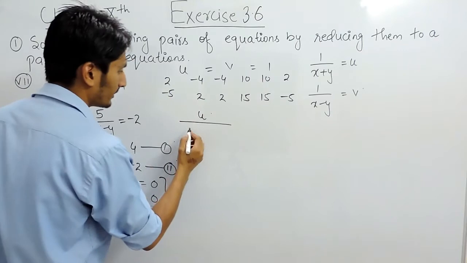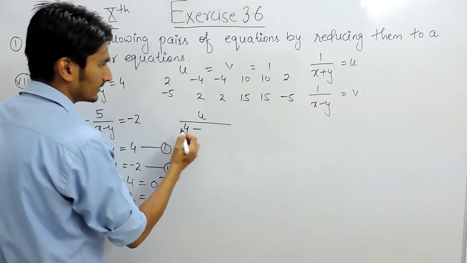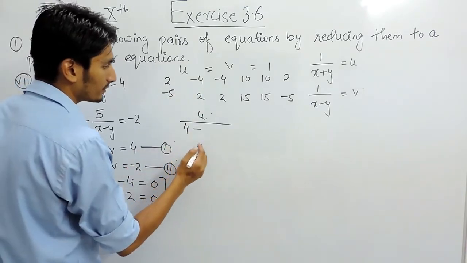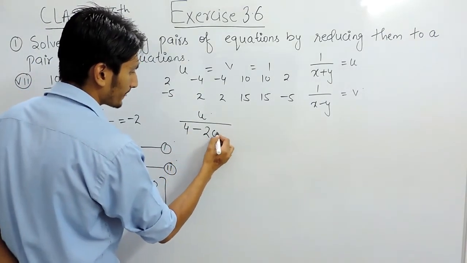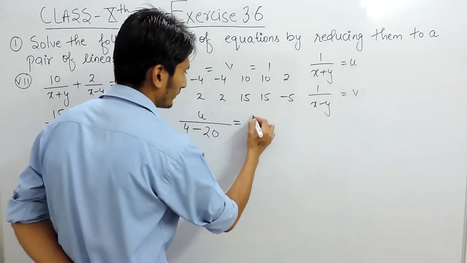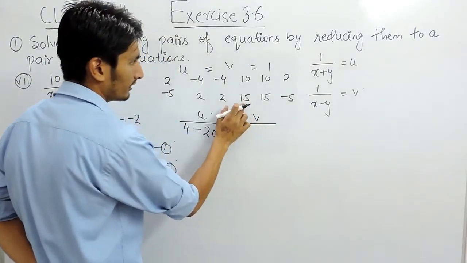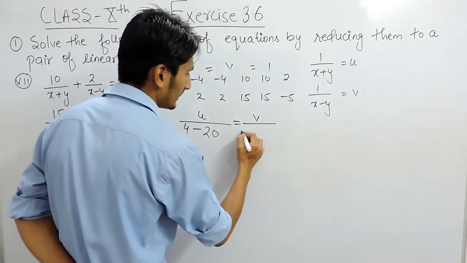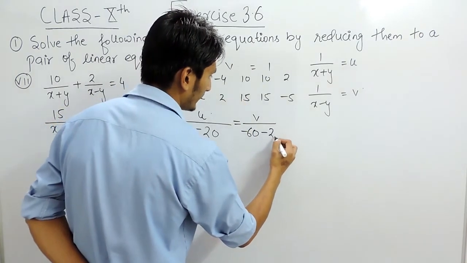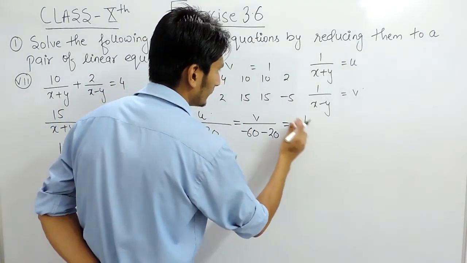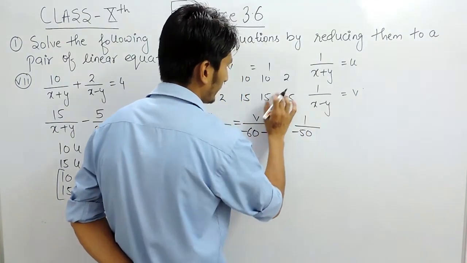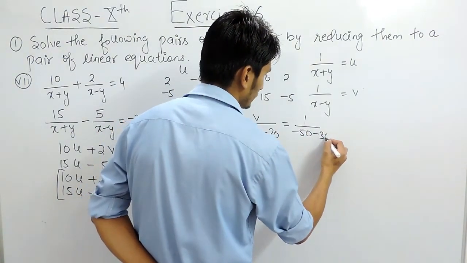So 2 multiplied by 2 is 4, minus, because the first term is subtracted from the second, 5 multiplied by 4 is 20, and minus multiplied by minus is plus. This should equal v. Then 15 into 4 is 60, minus 60, 10 into 2 is 20. Equals 1. So 5 into 10 is minus 50, and 5 into 2 is minus 30.